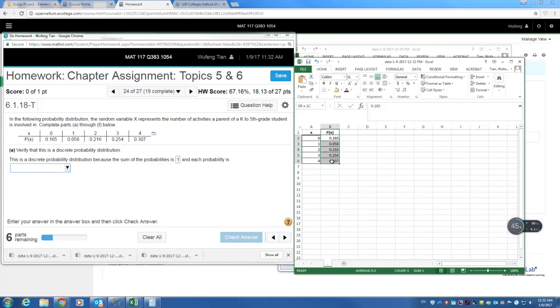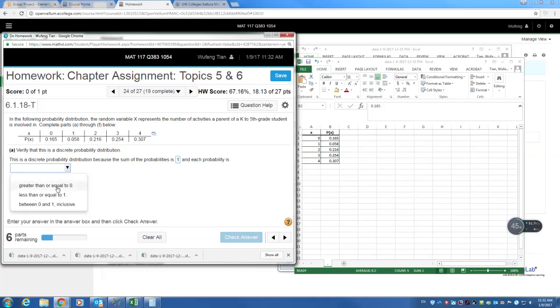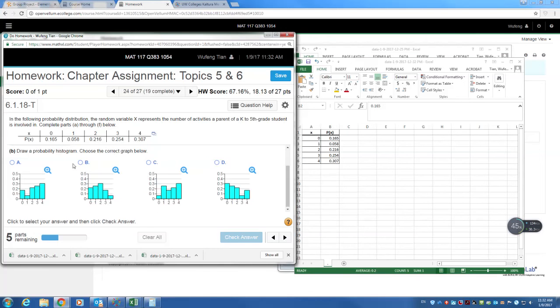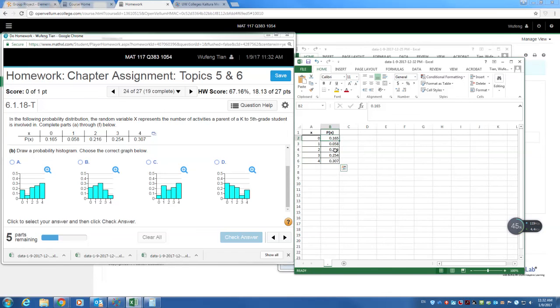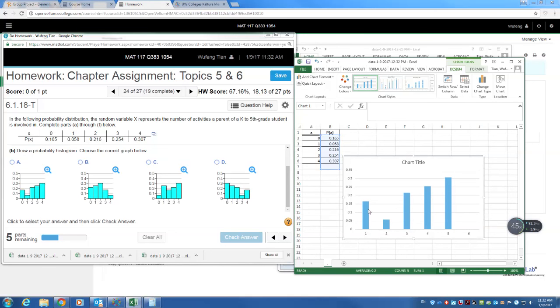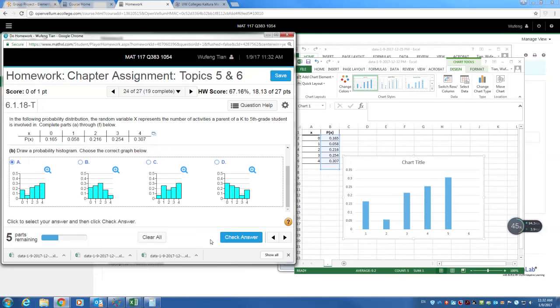You add all the probabilities together and the sum is 1, and each probability is between 0 and 1 inclusive, so it is a probability distribution. Then you graph it. You can insert a page, this one. You can see it goes down.